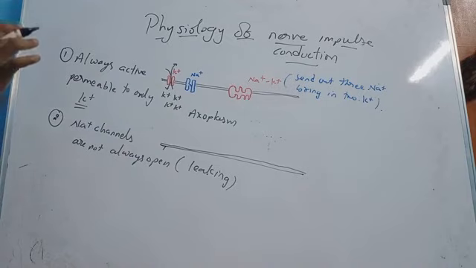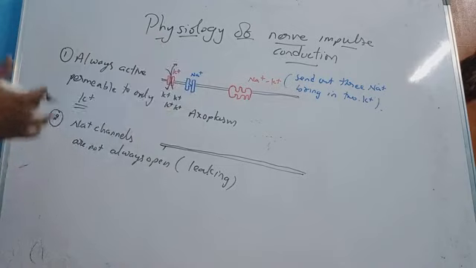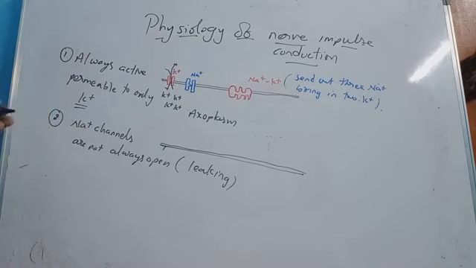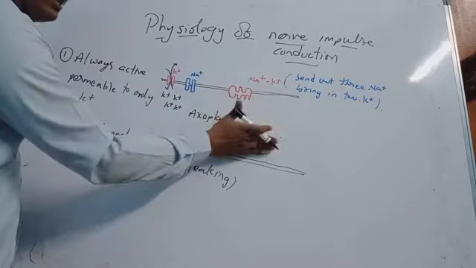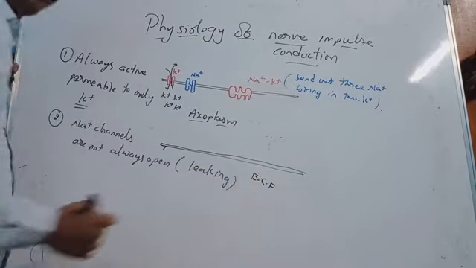So now the point is, because of this movement of ions with the permeability, there is some potential difference created between these two areas, that is the axoplasm and the ECF.